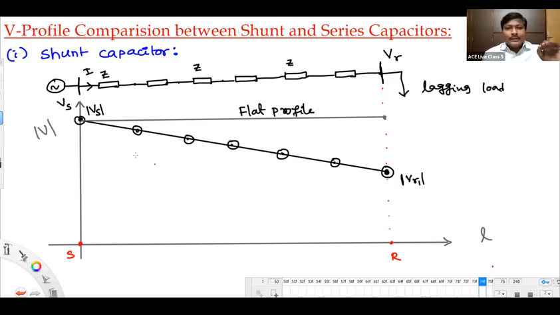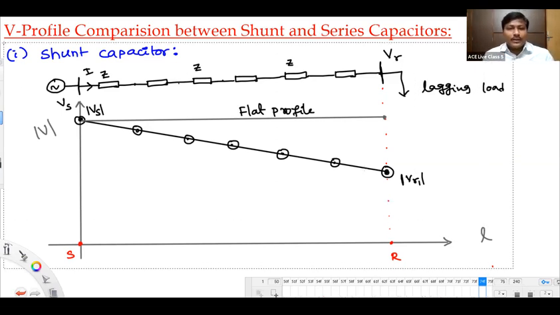Listen all of you, please. This is a voltage profile without keeping a shunt capacitor as well as without keeping a series capacitor. Without keeping any element, we have just shown the profile. Okay, let us take up the same graph to the next case, the series capacitor case also.